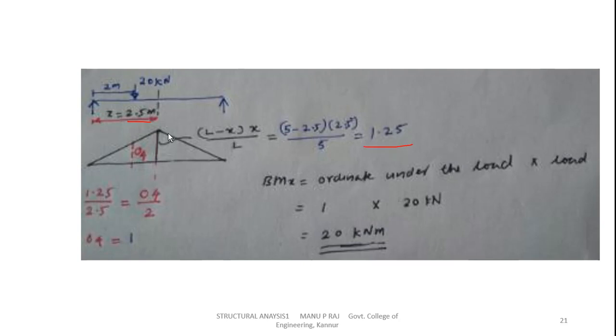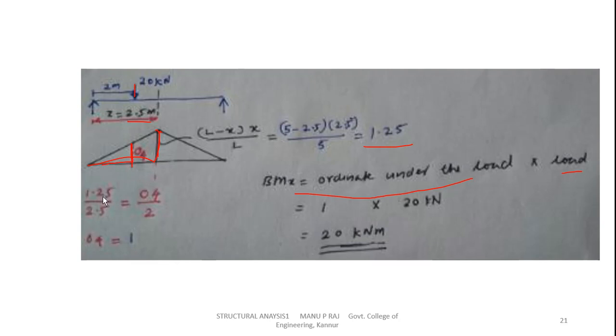This is 1.25. Now the bending moment at x equals the ordinate under the load into the load. This is the load, and the ordinate under the load is O4.